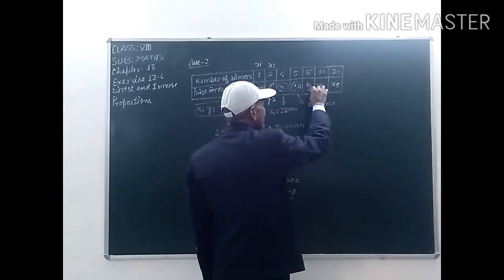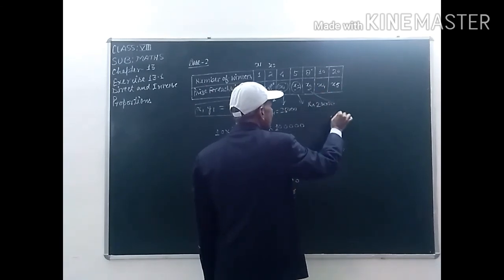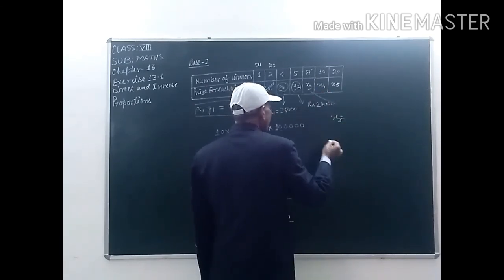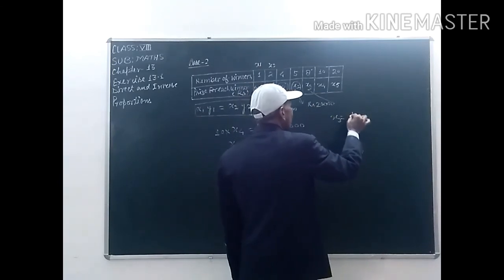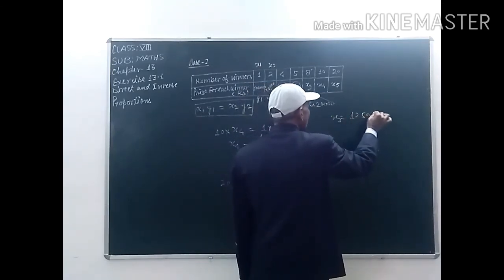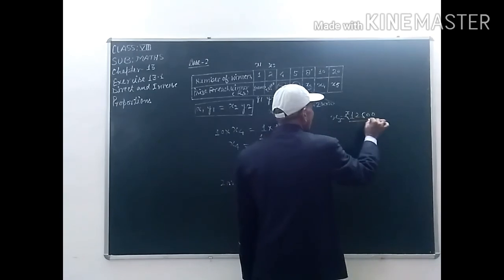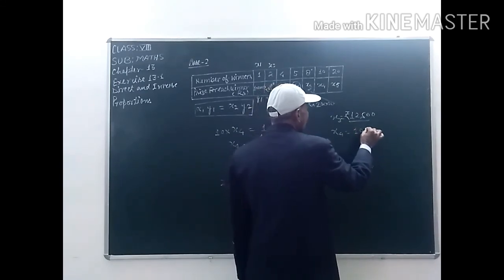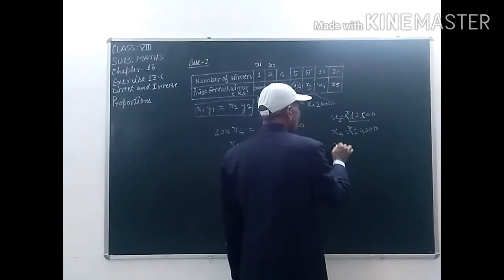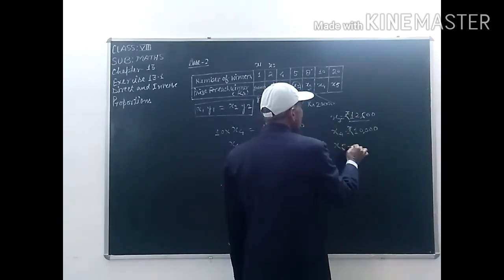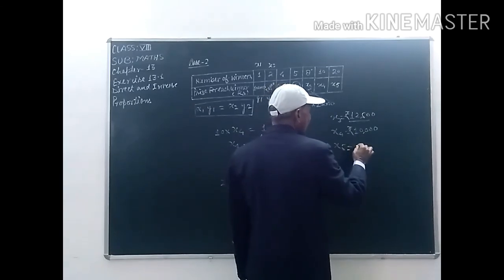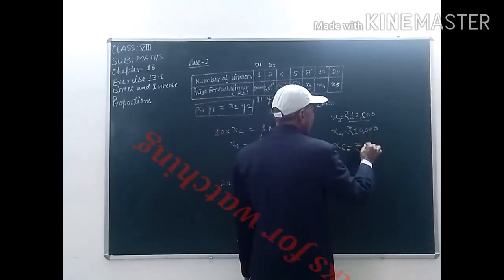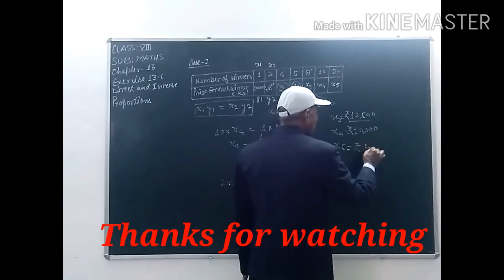If the number of winners is 8, students, then x3 is 12,500 rupees. If the number of winners is 10, then they will get rupees 10,000 each, and if the number of winners is 20, then they will get rupees 5,000 each.